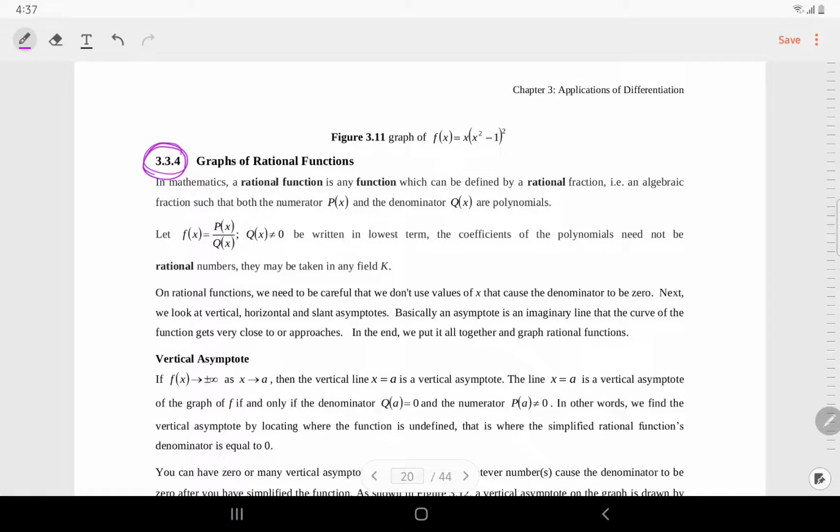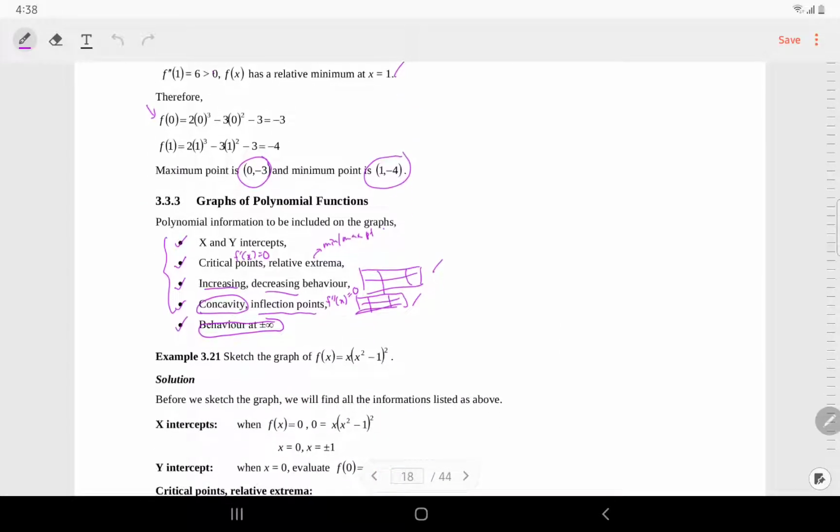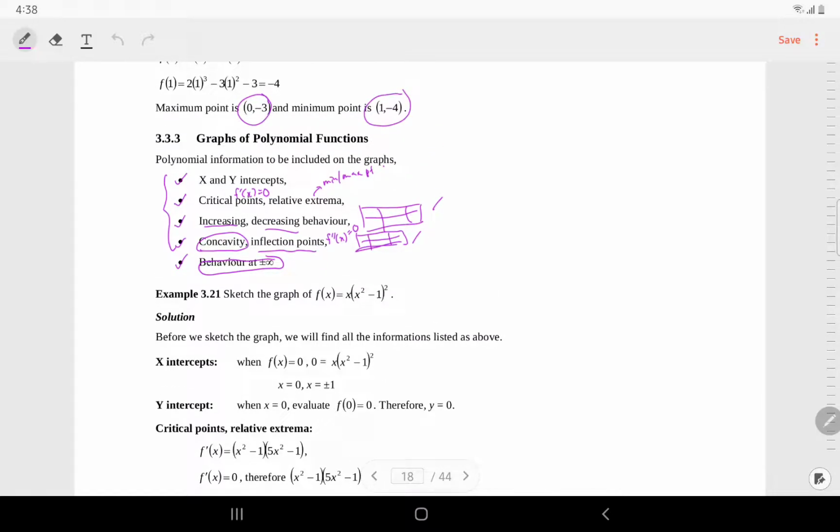Ini adalah untuk next week punya syllabus. Okay, so untuk lukis graf ni saya akan ajar dalam tutorial class. Okay, tutorial class. So maksudnya dalam video ni you all hanya belajar 4 benda ni saja. Okay, nak cari benda 4 ni. So dah ada info semua ni, barulah kita boleh lukis graf. So lukis graf dalam tutorial class.